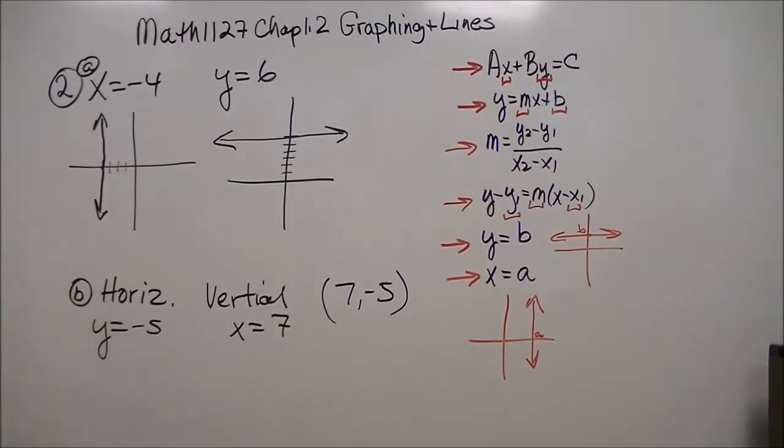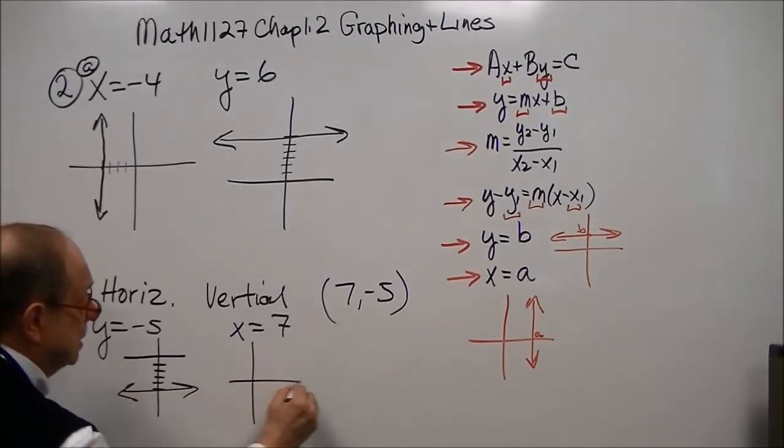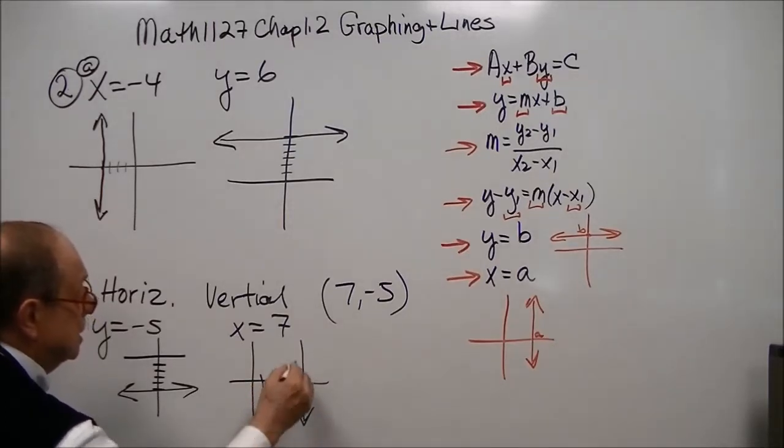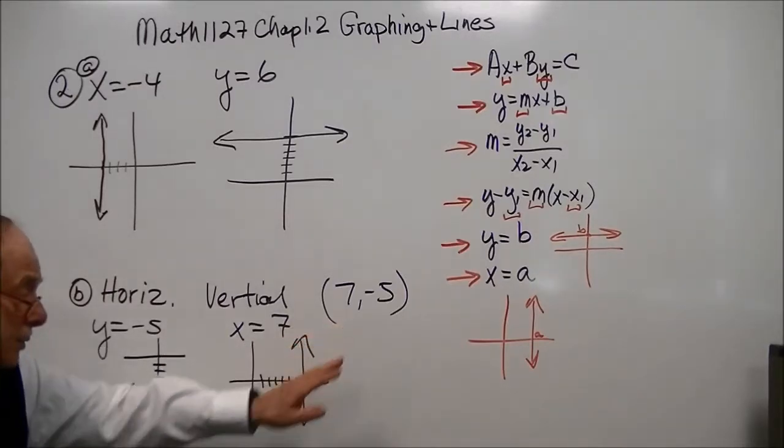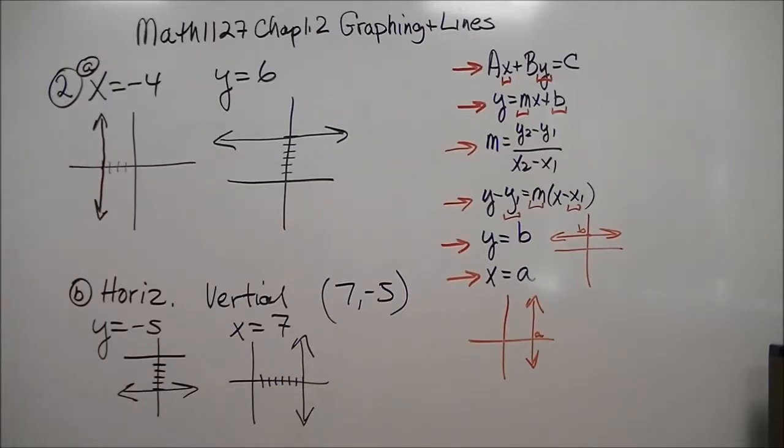And these would be things that, again, through study and practice, you get to pick up on. So this one, 1, 2, 3, 4, 5. This one, 1, 2, 3, 4, 5, 6, 7. These would be the graph of these particular lines through this particular point, horizontal and vertical.